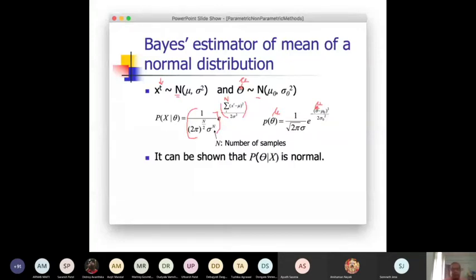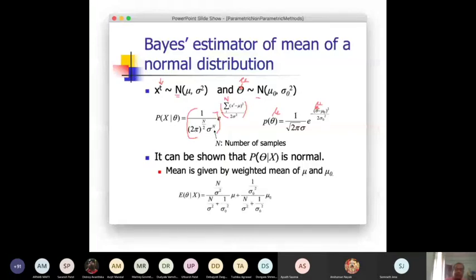So now you can show that the posterior of this mu, theta meaning mu here, is also normal. I'm not going to show you the derivations. You may carry out the computations. You may look at textbooks where the derivation is given. And for that normal distribution, the mean parameter, which is the expectation of mu given x, is given by this.